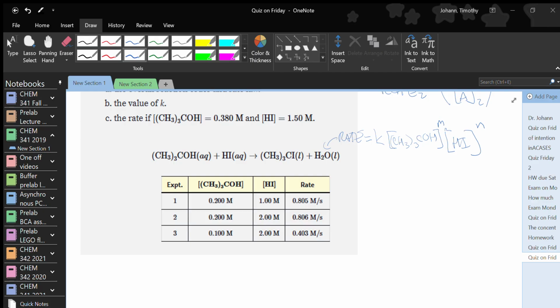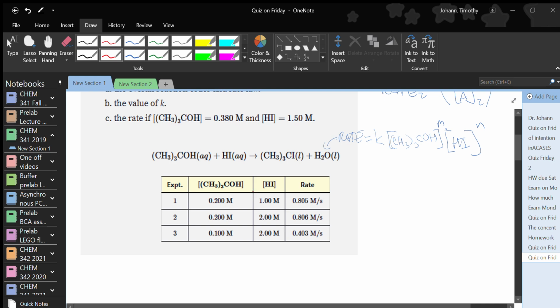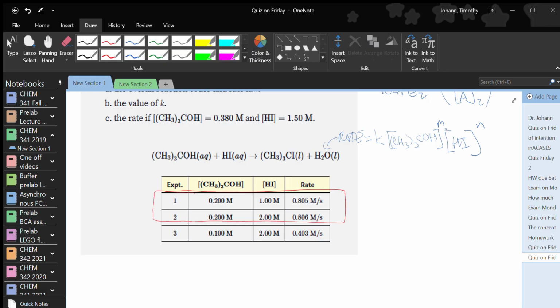If I just want to look at one of them, I can hold the others constant. Looking at our concentrations for these first 2 conditions, which one's being varied? HI, right? The HI, hydroiodic acid is being varied, so the others aren't going to affect the rate at all because they're not changing.